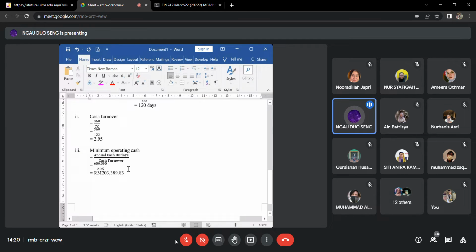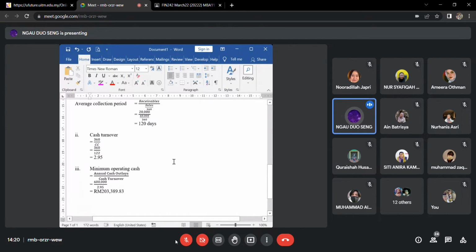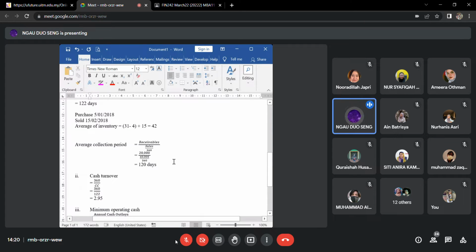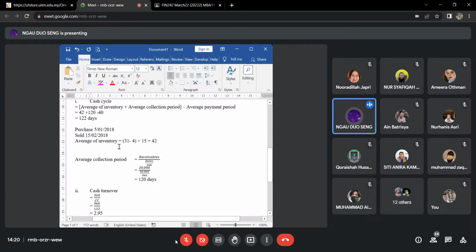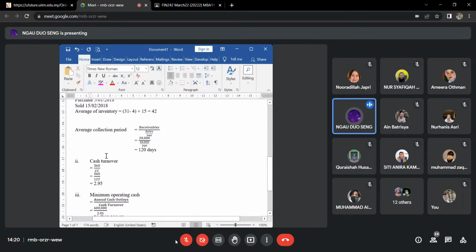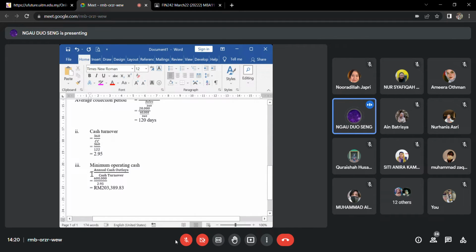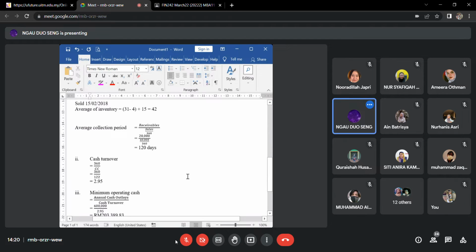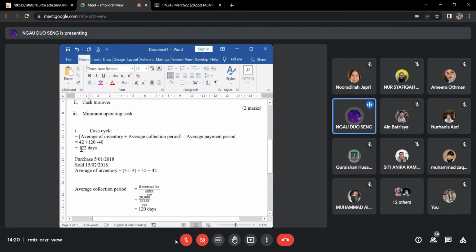Okay, so you can see here, you kena calculate, be careful lah kat atas sini, sebab kalau you salah this one, then your cash turnover akan salah, then your minimum operating cash akan salah. So be careful. Again lah reminder, you need to be careful yang kat sini lah.